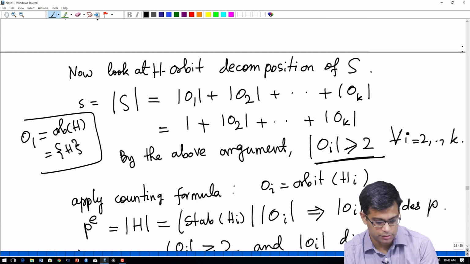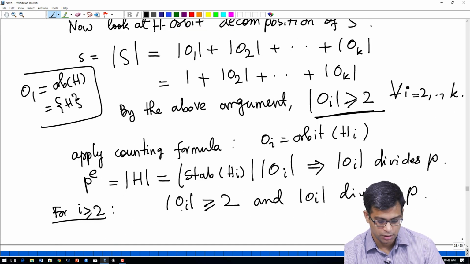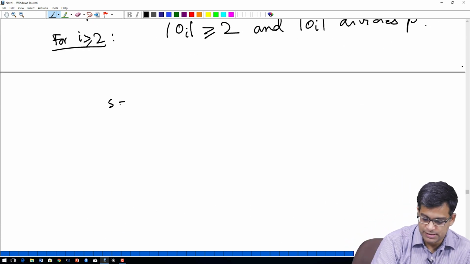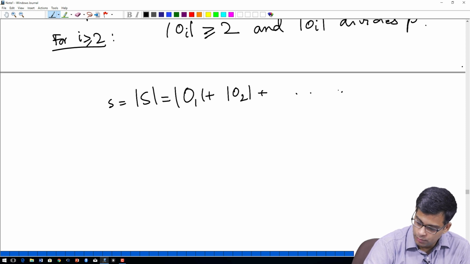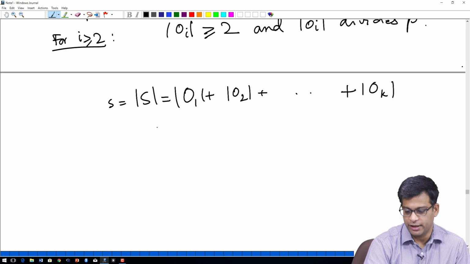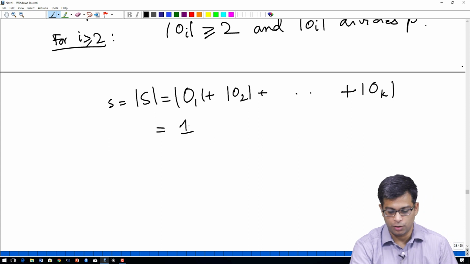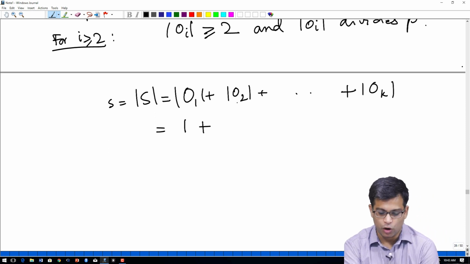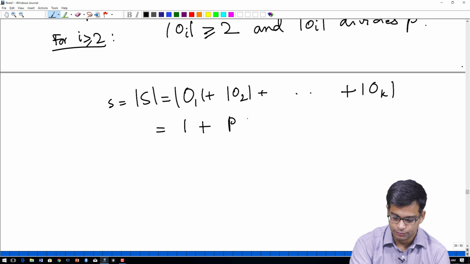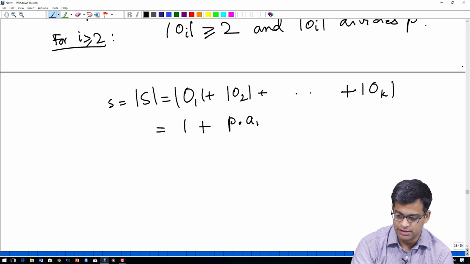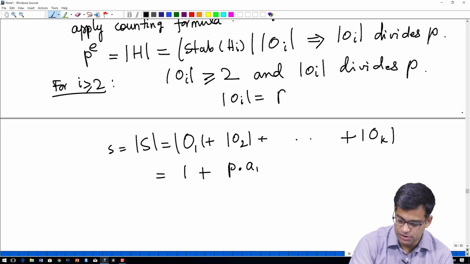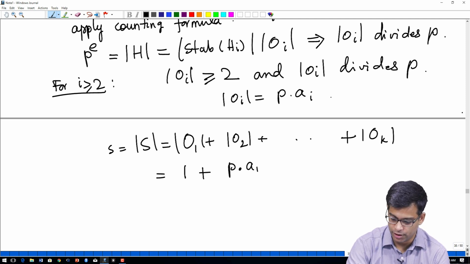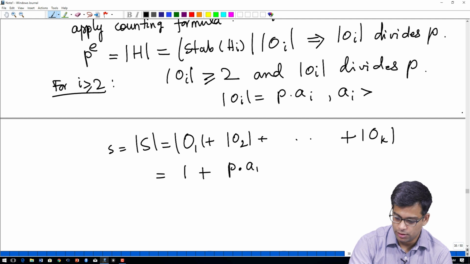Now let us look at the orbit decomposition of S, and I am going to write it like this: small s is the order of S, which is the order of O_1 plus O_2 plus up to O_k. We agreed that the order of O_1 is 1, and the order of O_i is p times a_i, where a_i is at least 1.